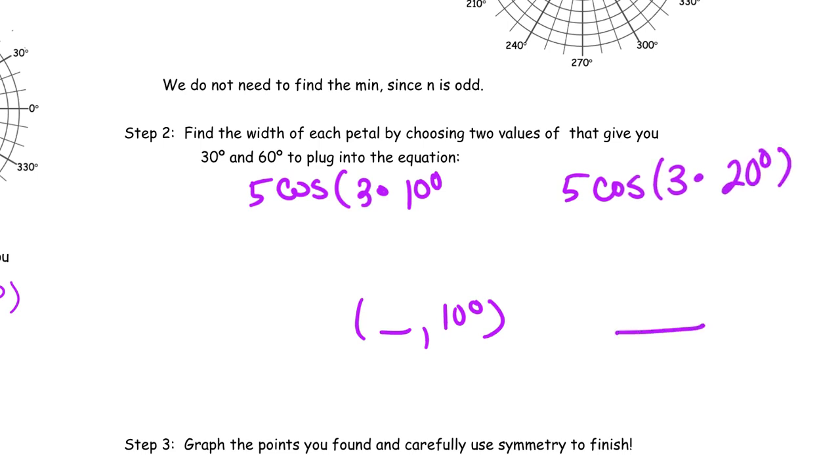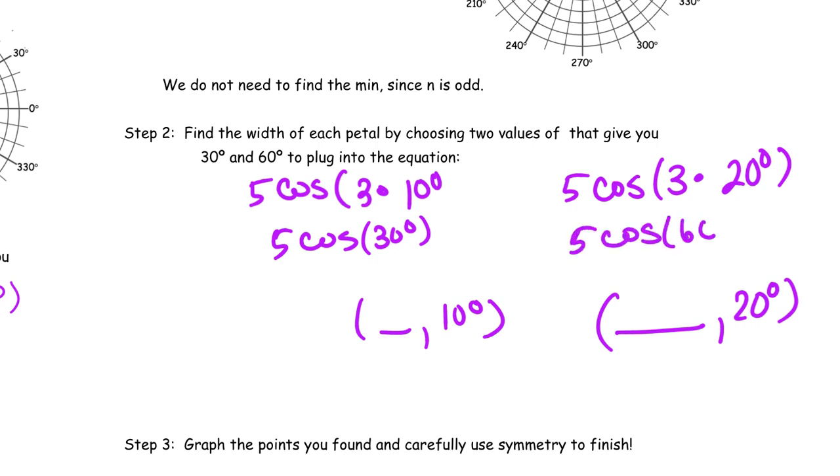And that means when I go to write my answer, it's going to be something 20 degrees. So I end up with 5 cosine 30 degrees, 5 cosine 60 degrees. What do we get for those? What is it? 4.3. For 10? And then what do we get for 20? 2.5.